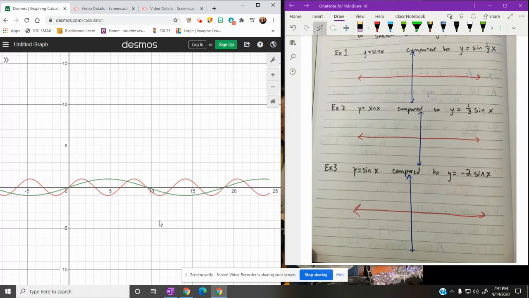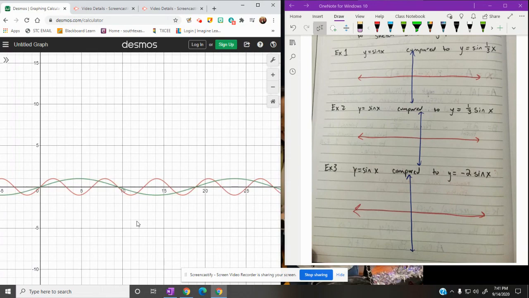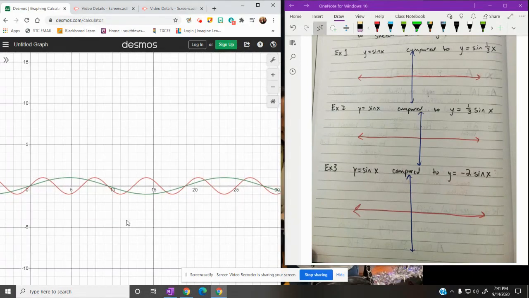So if we come all the way over here, 6 pi would be 6 times 3.14, so roughly about 18 maybe. So we're going to go all the way up, all the way down, and right there, 6 pi.